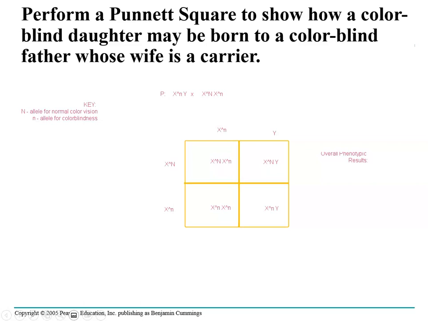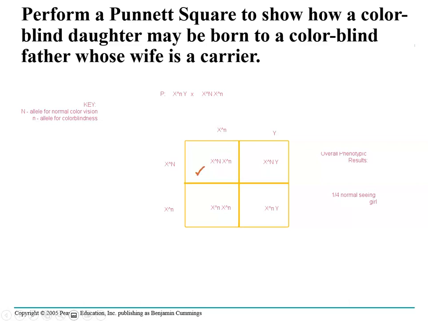But overall, there is a 1 in 4 chance of having, this is the first box, a normal seeing girl. That's this one here.